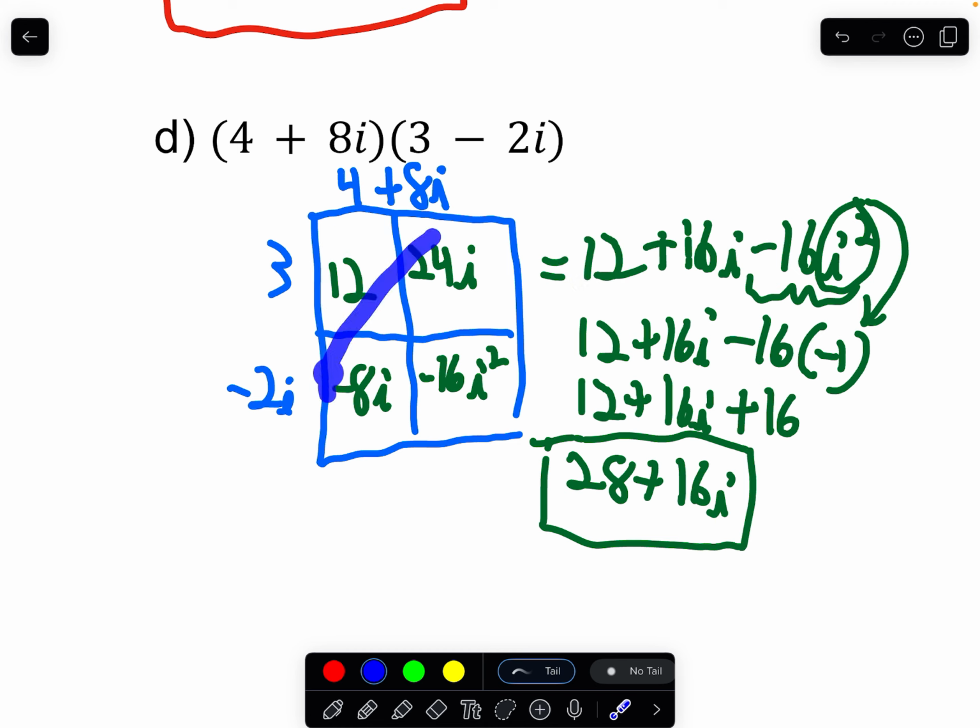And then 24 minus 8 is 16, and that's 16i. And then I tacked on the negative 16i squared. Now what I'm doing here is trying to remind you i squared happens to be negative 1. So that turns into negative 1. And you're left with 12 plus 16i, minus 16 times a negative 1, which makes it a plus 16. So then 12 plus 16 is 28, and you have 28 plus 16i.